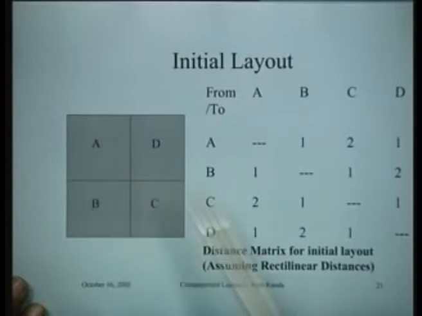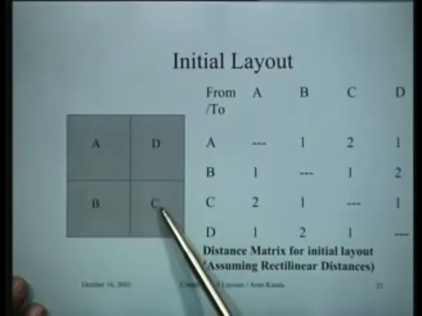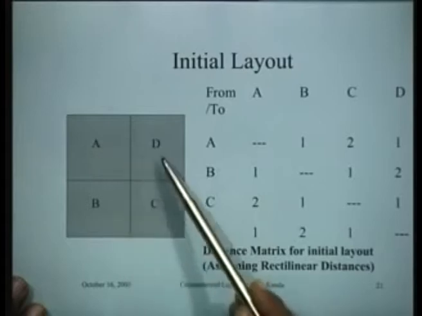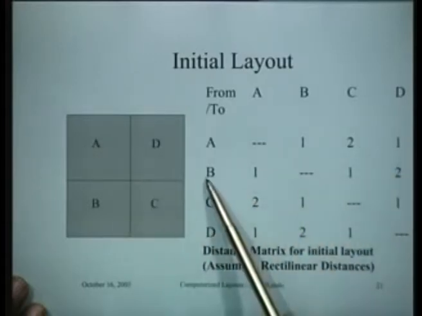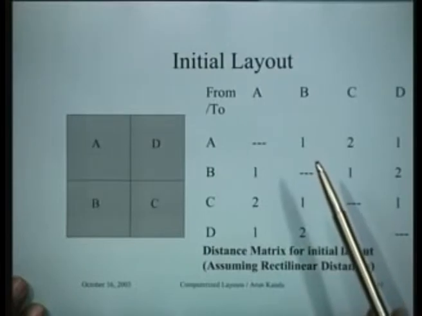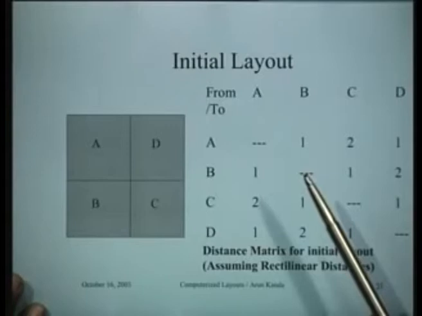So A to B is 1 unit. A to C is 2 units, because I am assuming that you will have to go like this from A to C. So 2 units. From A to D is 1 unit. Similarly, B to A is the same as A to B. It need not be, because travel may not be symmetric, but here we are permitting 2-way travel.